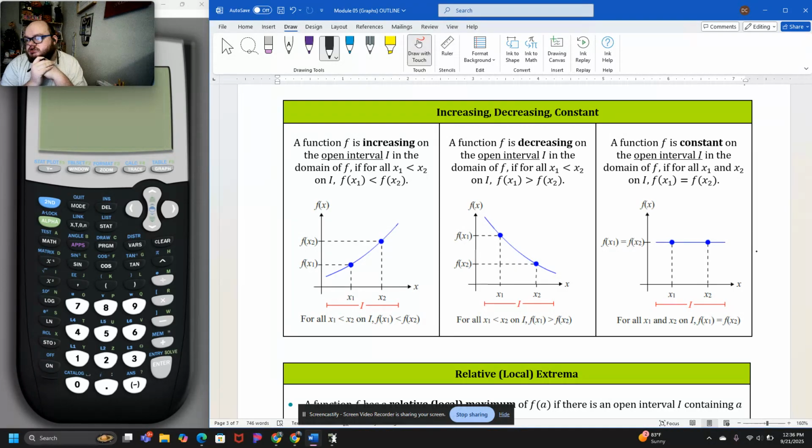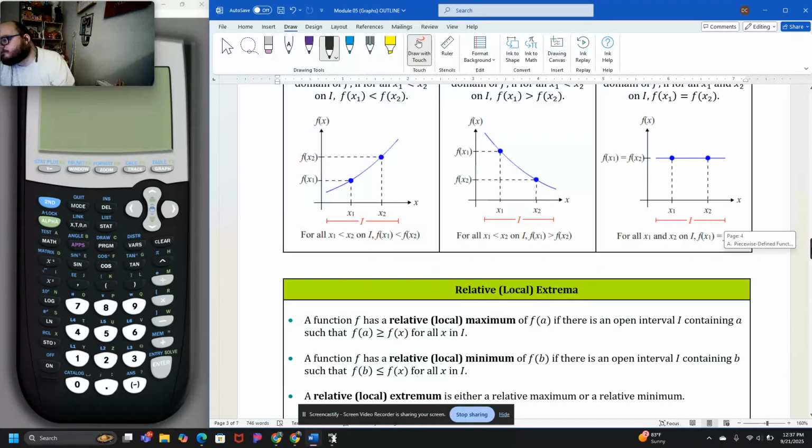A function is decreasing on the interval in the domain if you're going down. Okay, a function is constant in the domain if you're not moving up or down, you're just kind of making a horizontal line. Okay, so that's basically what that says in fancy symbols.